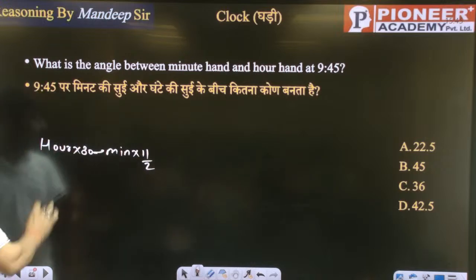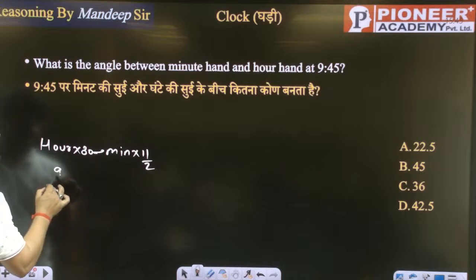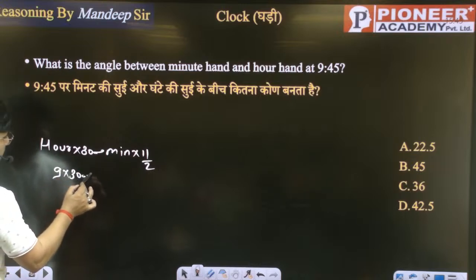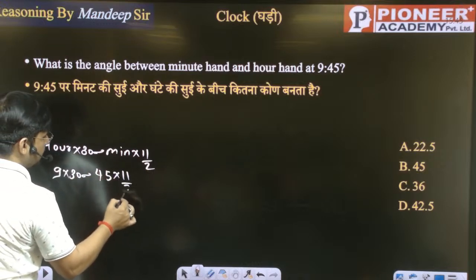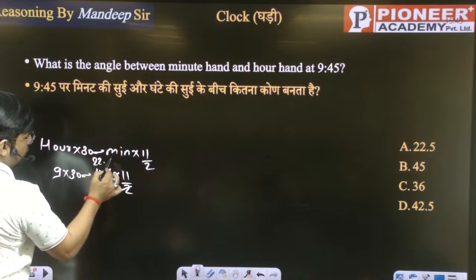We'll write 9 in the place of hour. 9 into 30 difference 45 into 11 upon 2. It's 22.5.